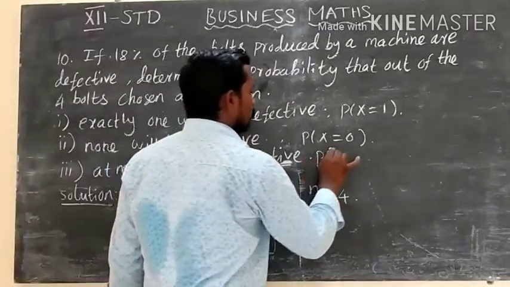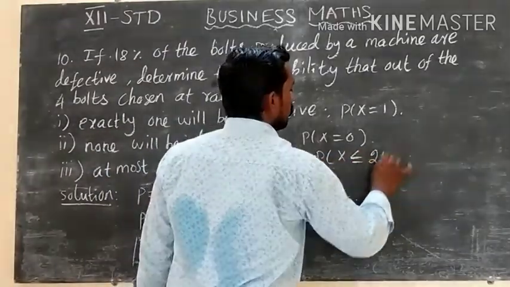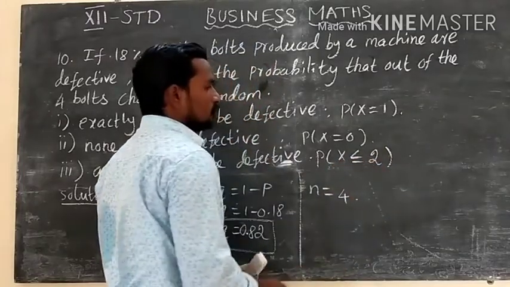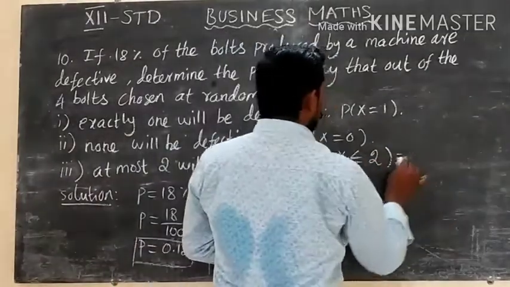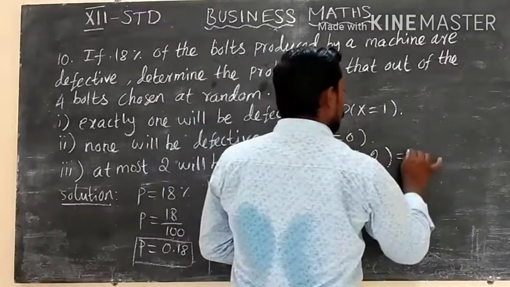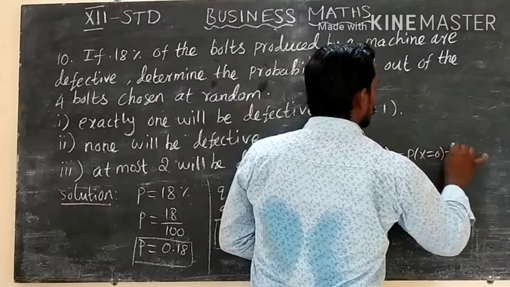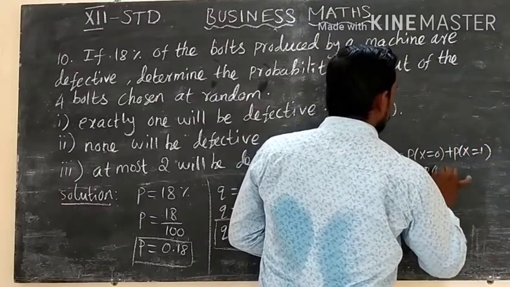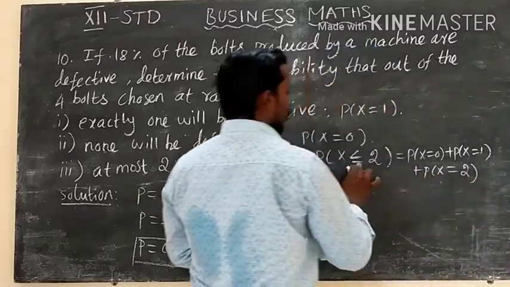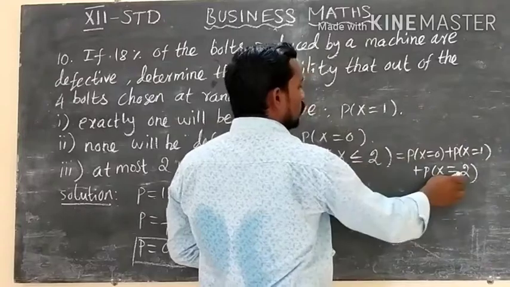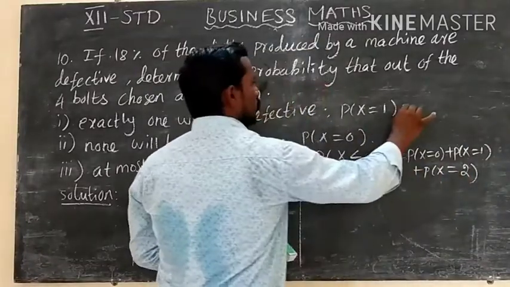At most represents the less than or equal to sign. So P of x less than or equal to 2, which is below 2 or equal to 2. That means P of x equal to 0 plus P of x equal to 1 plus P of x equal to 2. Below 2 means 0, 1 or below, then equal to 2. This is your 3 questions.